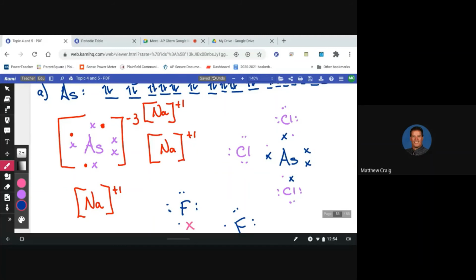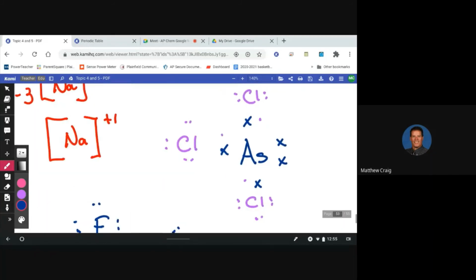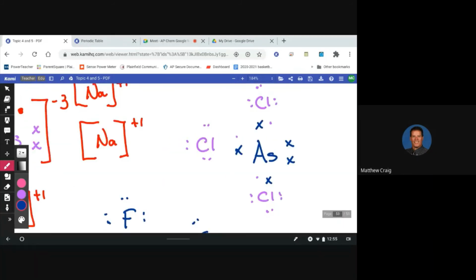Arsenic would love to have 8. It only has 5, so the 3 sodiums in combination provide the 8 electrons. In AsCl3, each chlorine brings 7 electrons and shares with the 3 that are available for arsenic, allowing arsenic to have 8 and chlorine to have 8.